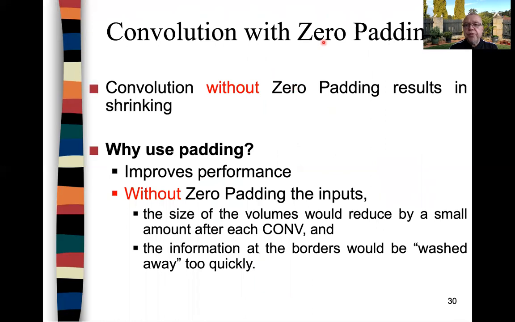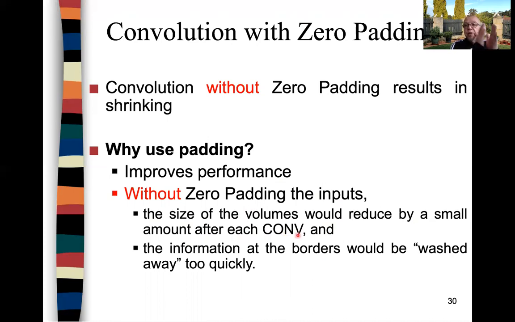So to avoid this shrinking, what should we do? We should do a zero padding, which avoids this shrinking. Why do we use it? Because it has been shown that it improves the performance. Without zero padding, if we don't add zeros to our input image, the size of the volumes would reduce by a small amount after each convolution.